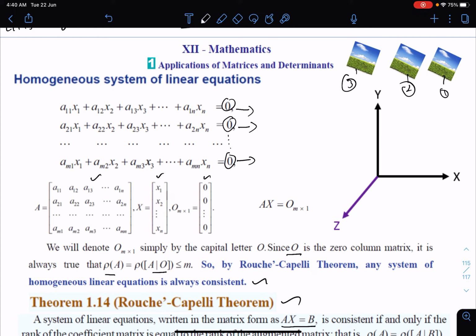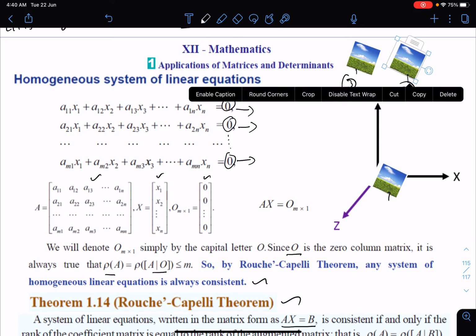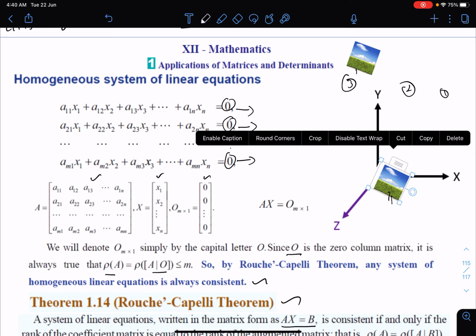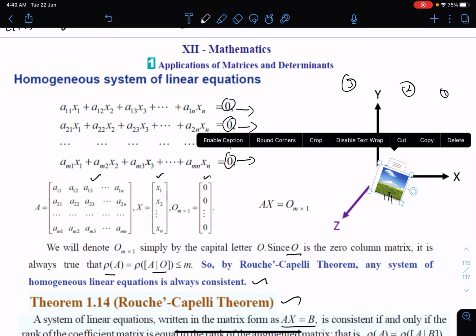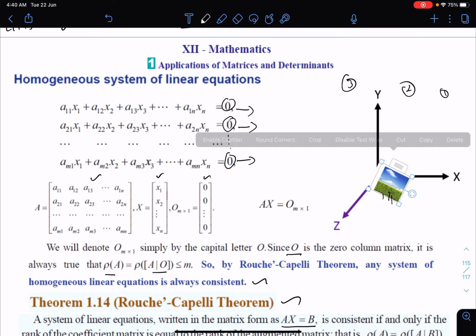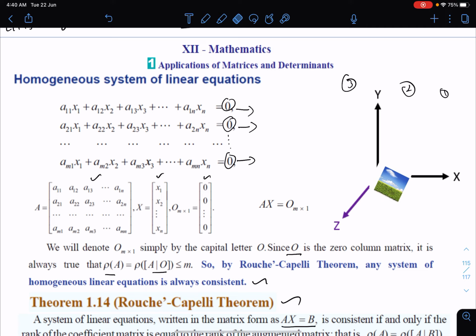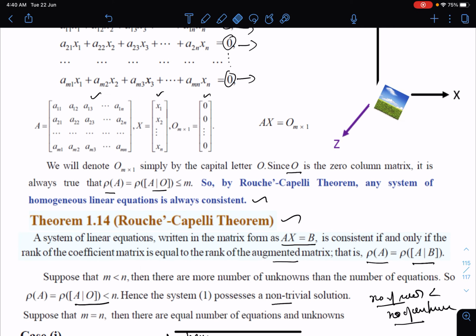Here also it's the same condition, but one thing you have to notice: they overlap one above the other, and at the same time they pass through the origin. This is the condition you have to remember. This is how we get an infinite number of solutions, the non-trivial solution.